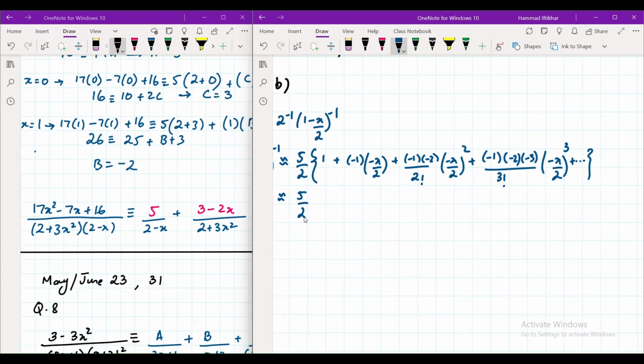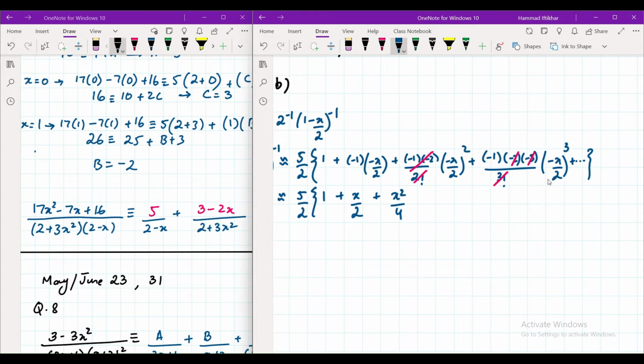So 5 over 2, 1, this would become plus x over 2. This would just get cancelled. The third term would end up to be x squared over 4. And in 3 factorial, the 3 times 2 would cancel out, but the minus sign will remain.